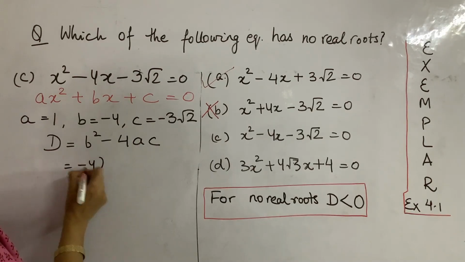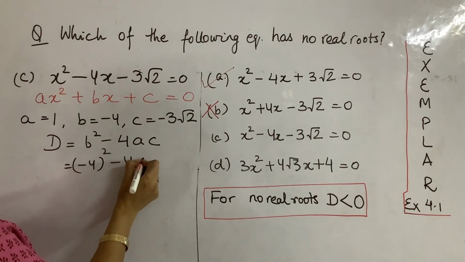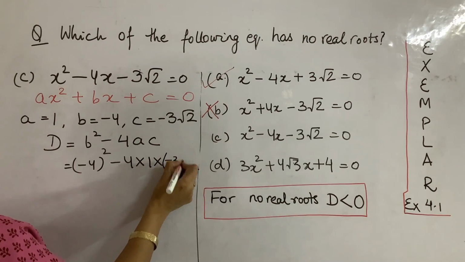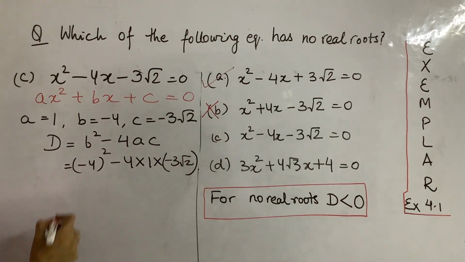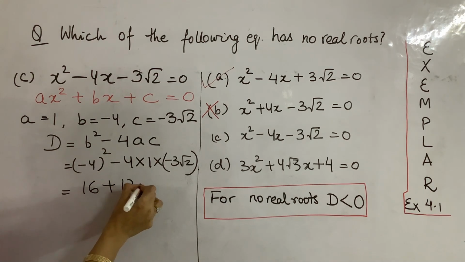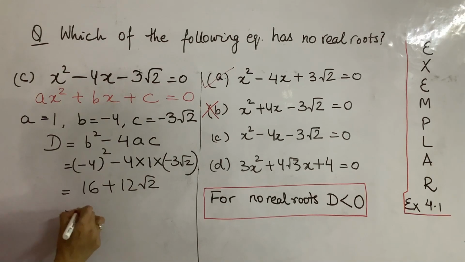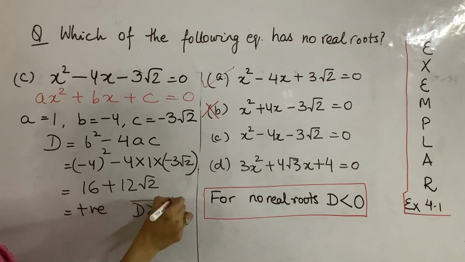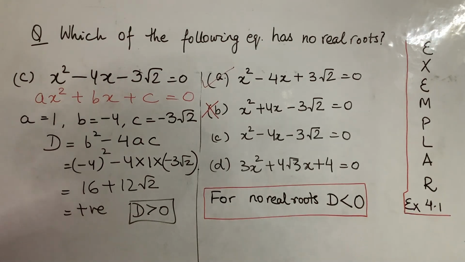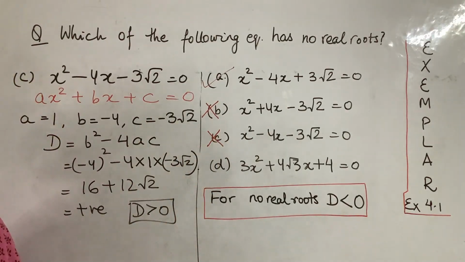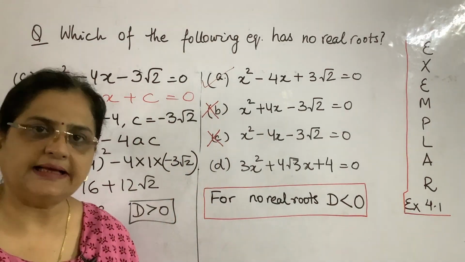So this is minus 4 whole square minus 4 into 1 into minus 3 root 2. So this becomes 16 plus 12 root 2. So this will again be positive. That means d is greater than 0. d is greater than 0 means the equation will have real roots. So this also cancels out.